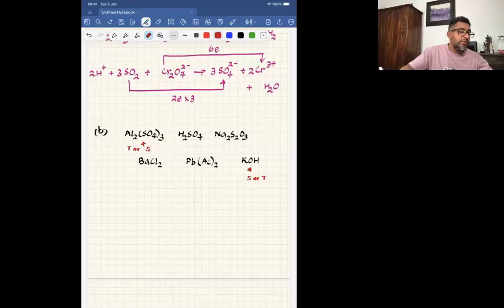There are a lot of white precipitates. P and Q, white precipitate turns black on heating. That is definitely thiosulfate is there. So this is P or Q. This is Q or P.